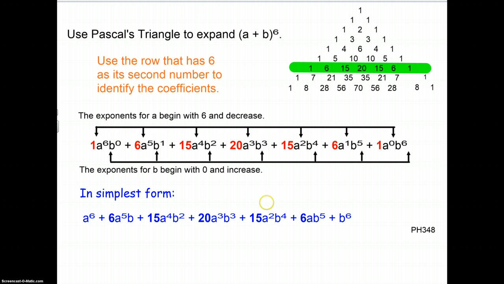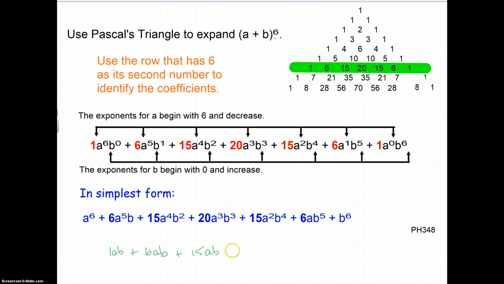Now, remember, when we expand, the first variable is going to start at the highest exponent, which is going to be 6. The second variable is going to start at 0. So if we want to build this, I'm going to create 1, a, b, and I'll put the exponents in later, plus the next coefficient is 6, a, b, plus 15, a, b.